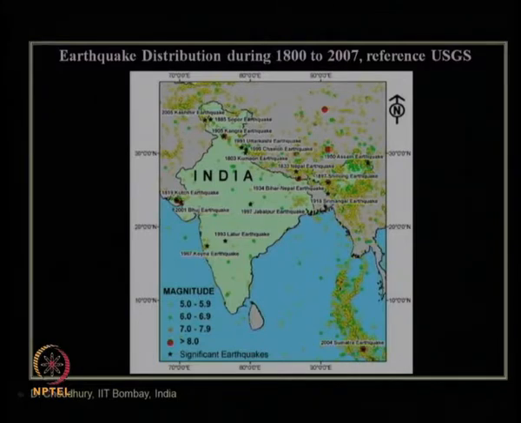So, the maximum number of occurrences of earthquakes of magnitude 5 and above are mostly distributed among these areas, but it does not mean that the peninsular region of central India never had a chance to experience a large earthquake. We already have examples: the 1997 Jabalpur earthquake, the 1993 Latur earthquake, the 1967 Koyna earthquake, then the Bhuj earthquake.